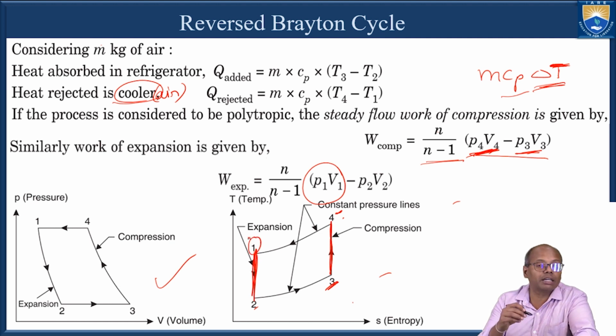This is the inlet of the turbine and this is the outlet of the turbine. At the inlet of the turbine, the product of pressure and volume will be very high. At the outlet of the turbine, it will be very low. So the work done by the turbine is n by n minus 1 into P1 V1 minus P2 V2.